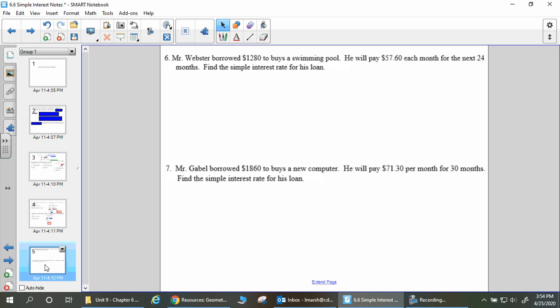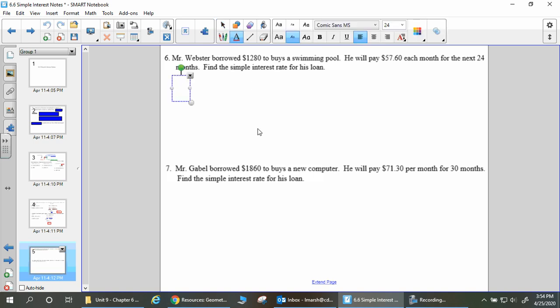So this is very similar to what we just did, except instead of this being interest that they're going to be getting, we're talking about them paying it. So I still need to figure out how much interest we're dealing with. I'm going to follow very similar steps here.